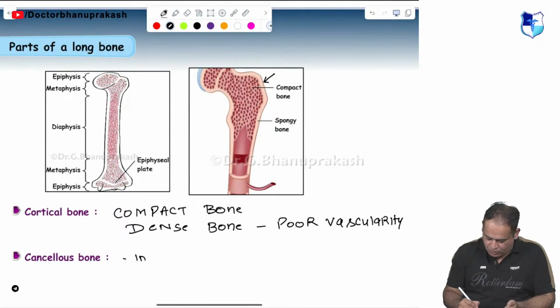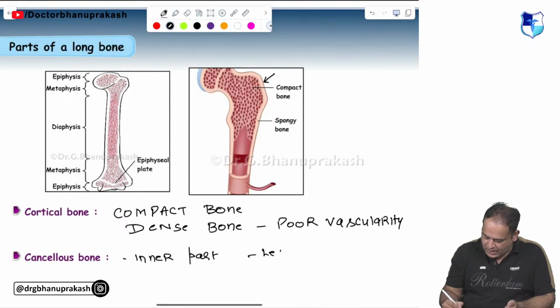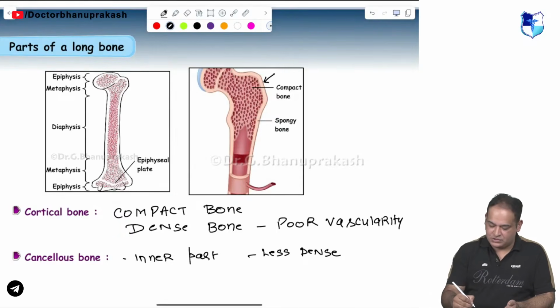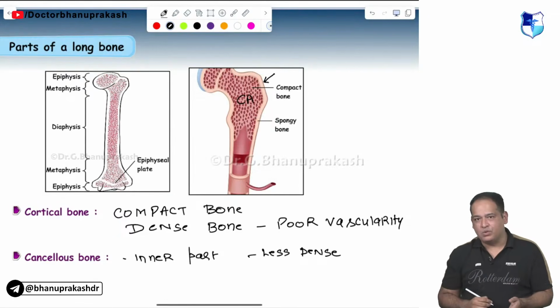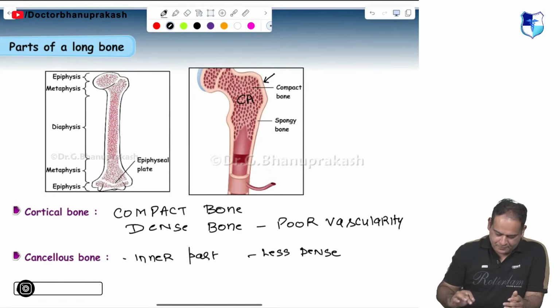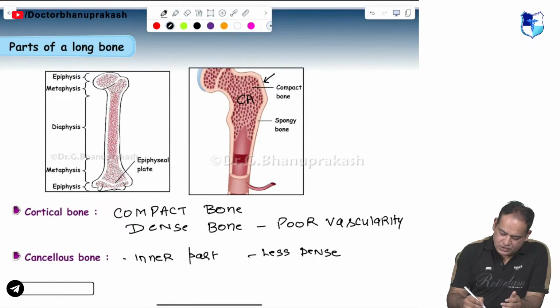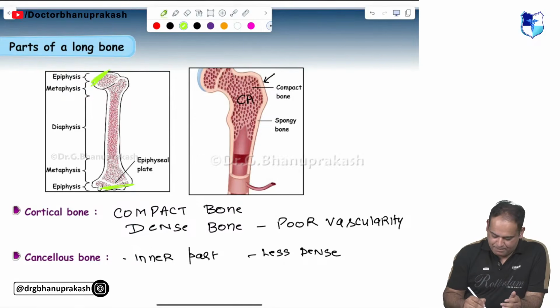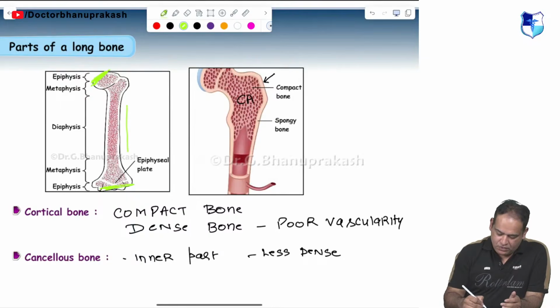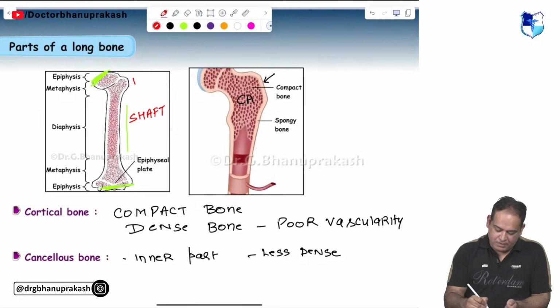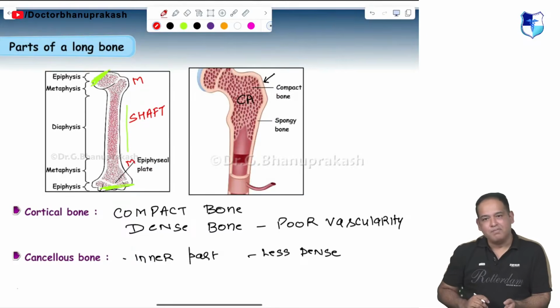Cancellous bone is the inner part of the bone, and it is less dense. So this is cancellous, and the outer part is cortical. Now, parts of the bone. At the end we have the epiphysis. In the middle we have the diaphysis, also called the shaft. In between both of them, we have the metaphysis.